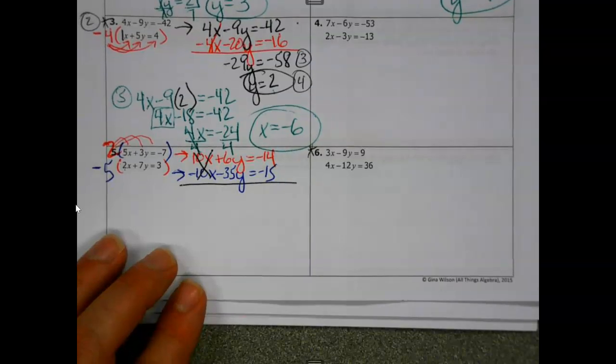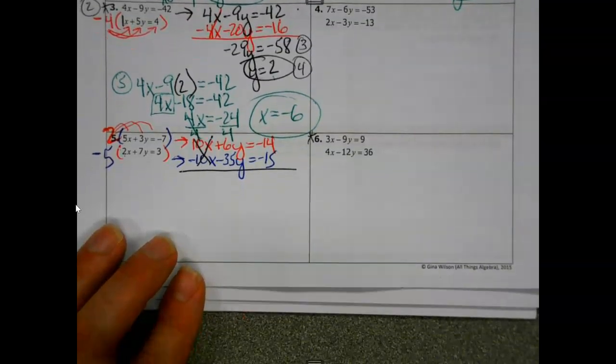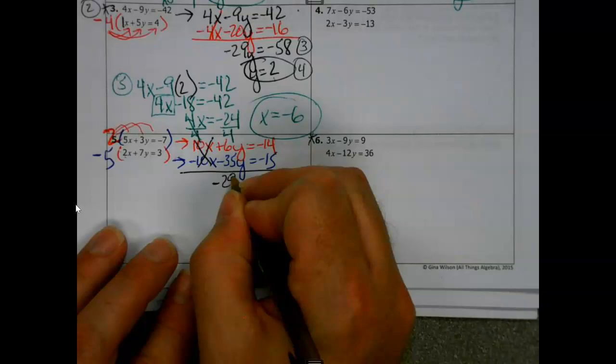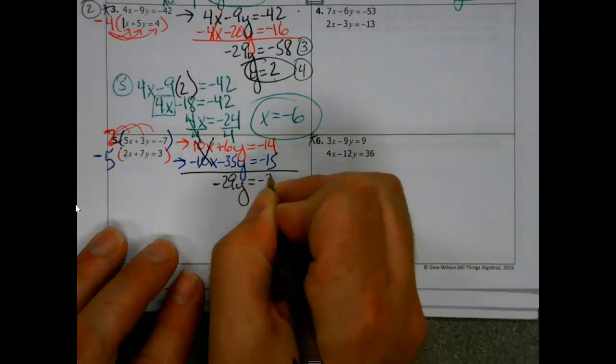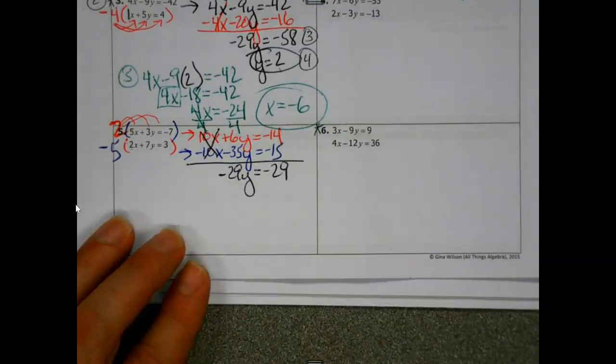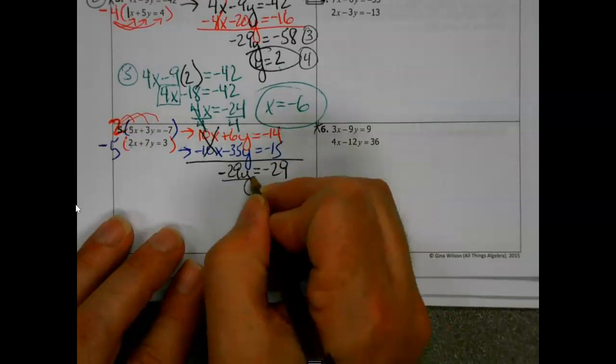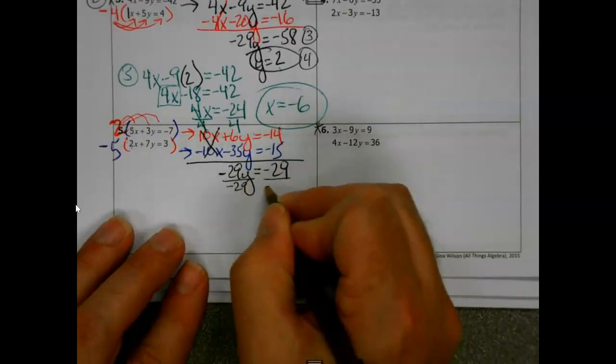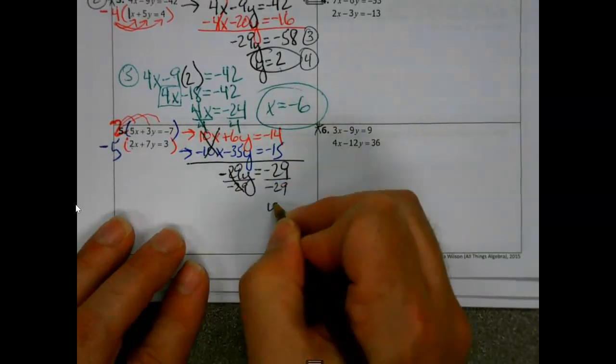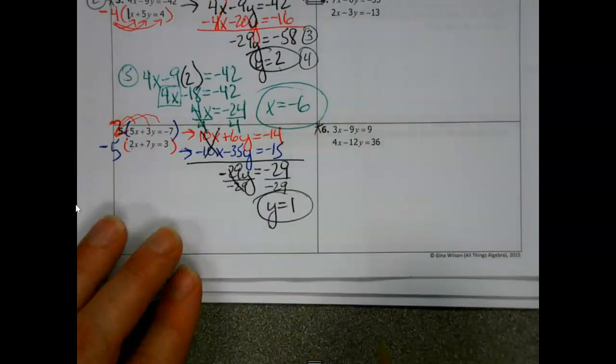X's go bye-bye. 10 and -10. Add down for my y's. Add down for my coefficients. Okay, my regular numbers here. And I get a really nice number out.